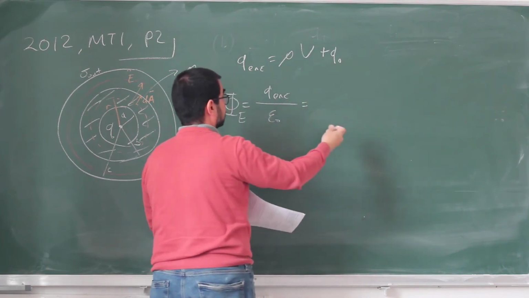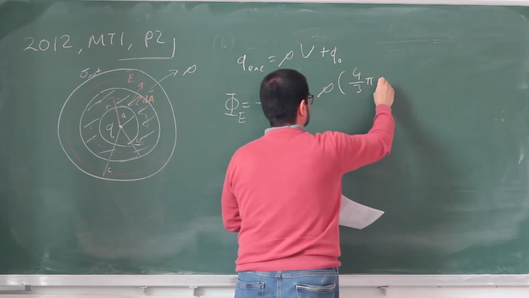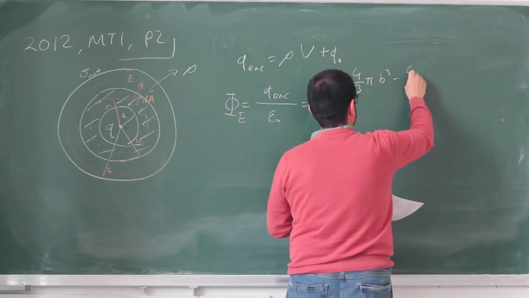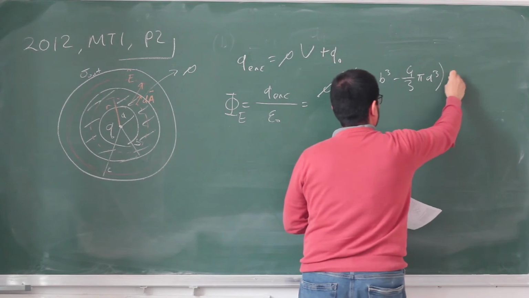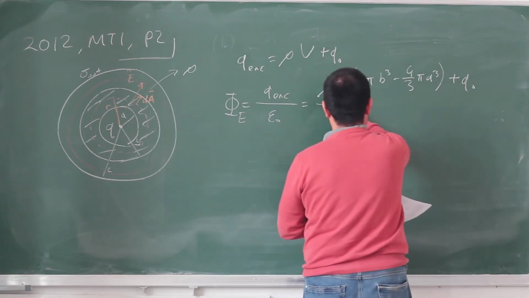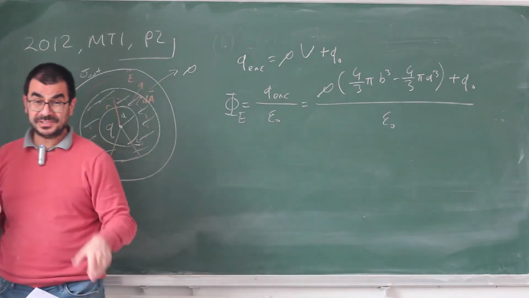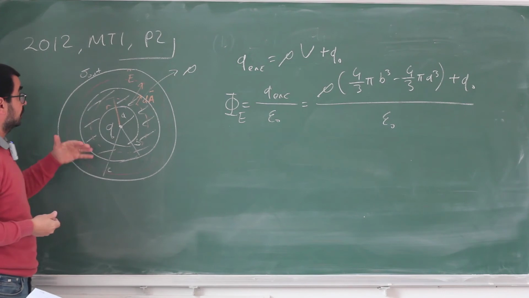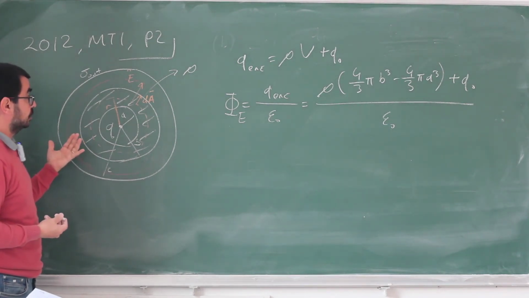And Q enclosed, as we have just seen, is just going to be rho times 4/3 pi B cubed minus 4/3 pi A cubed, plus Q0, all divided by epsilon naught. Okay, so if it's just outside, this is the answer. If it's just inside, the answer is 0. I think it's ambiguous when it's on top, because that doesn't correspond to any physical situation.